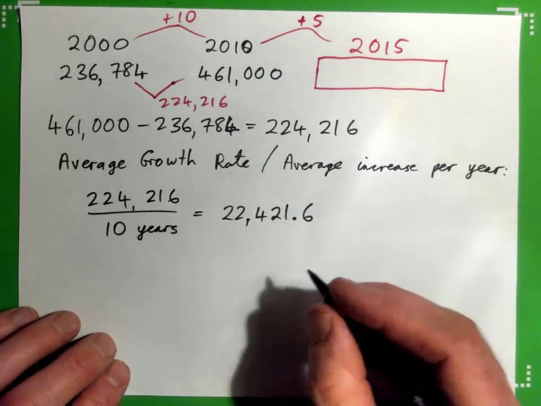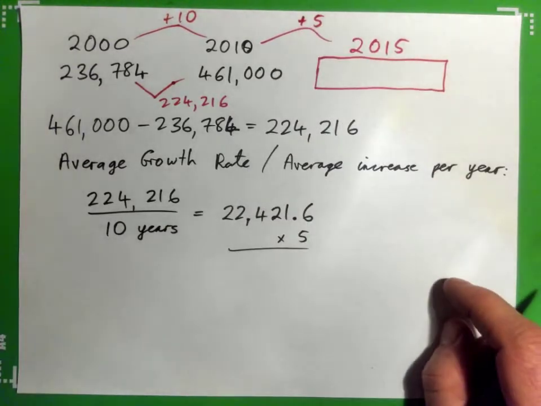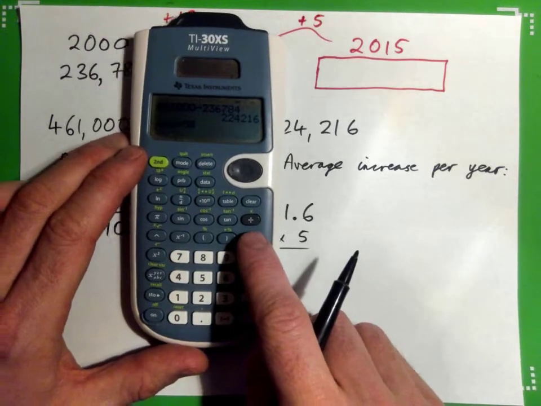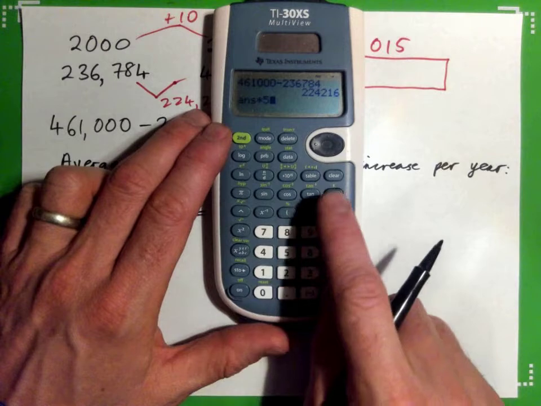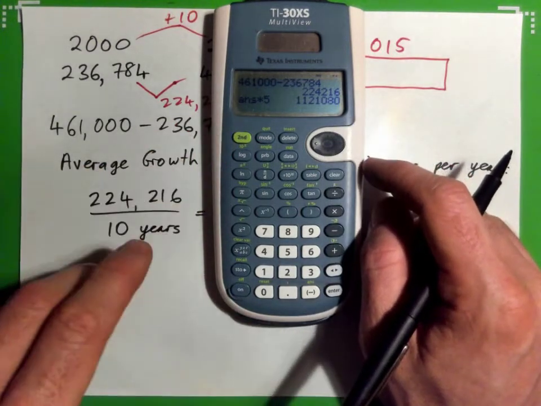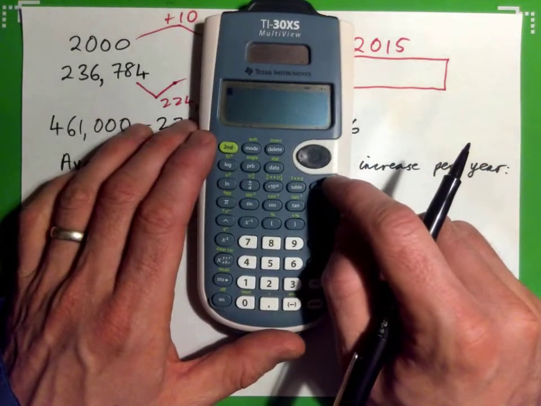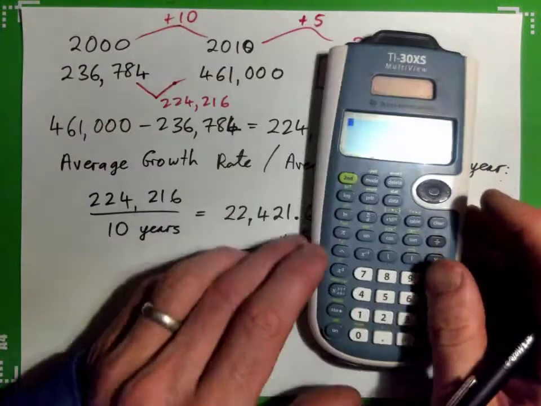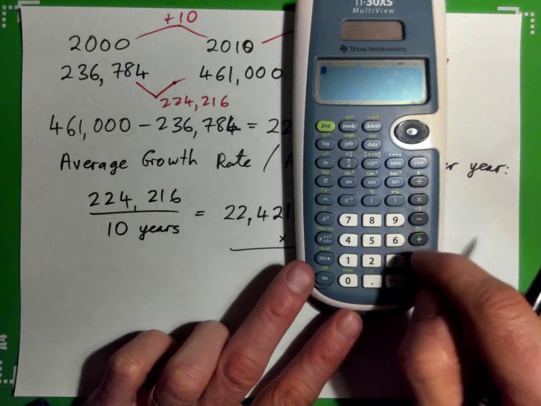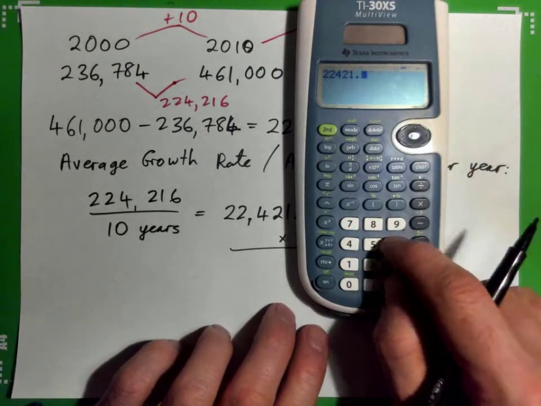So for that, we take this number and times it by 5, because 2015 is 5 years later. I hit times by 5, and it automatically does that. Oops, I made a mistake, because it should have been 22,421.6 times 5.